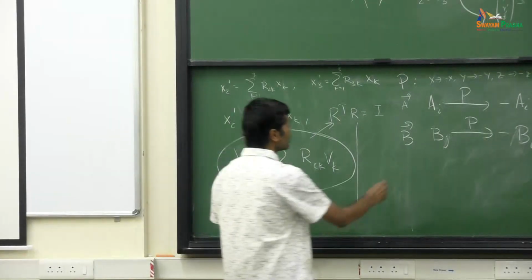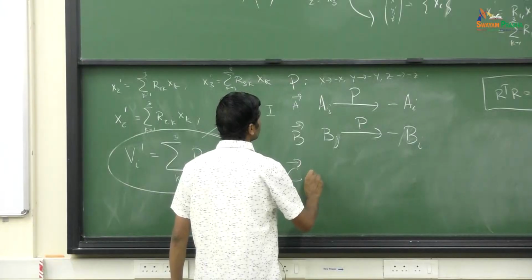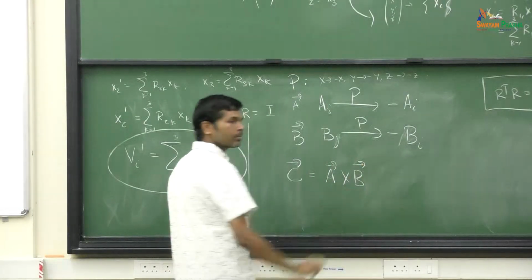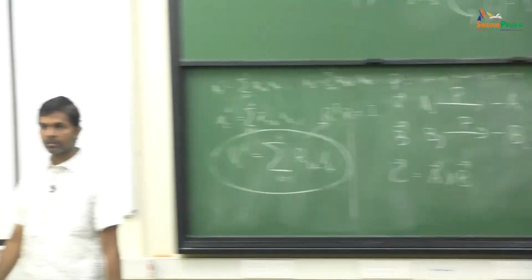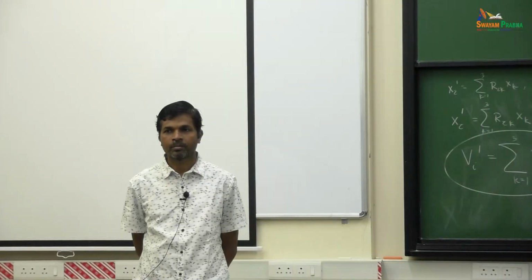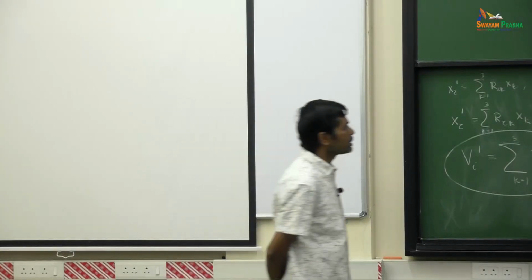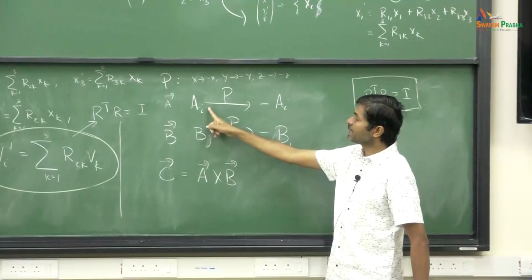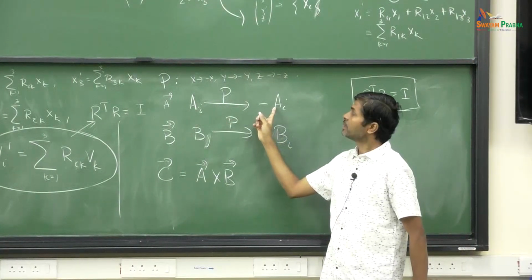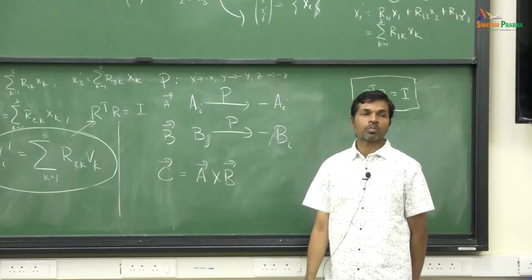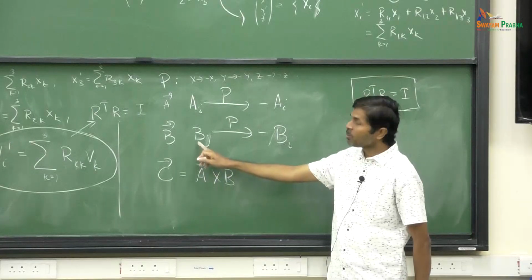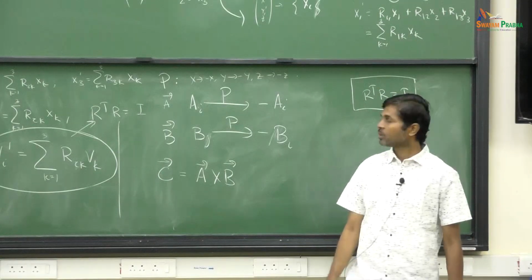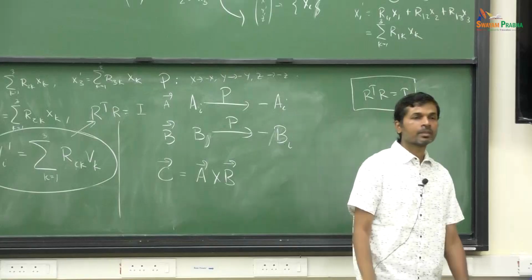Now, you introduce a third vector C, which is the cross product of A and B. Now, I don't have any choice. Under parity, the components of A behave exactly like the components of the position vector. The components of B behave exactly like the components of the position vector. What about the components of C?